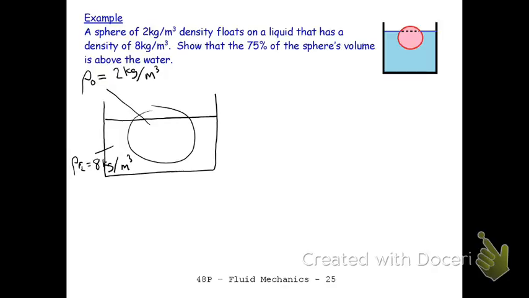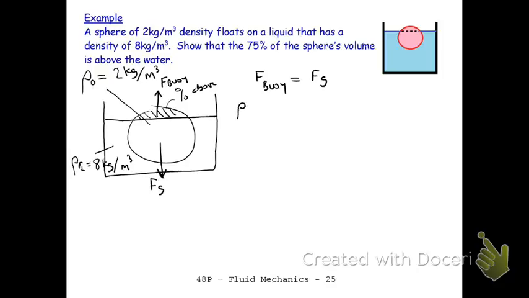I want the percentage above. It sounds awful, but it's not so bad actually when you think about it. What you say is, oh, hold on. Start with what you know and have faith that it'll work out. So I know for this kind of problem, F_buoy is equal to F_g.